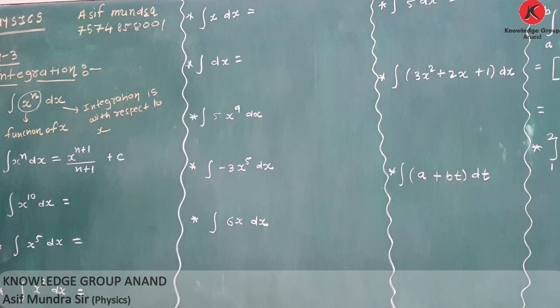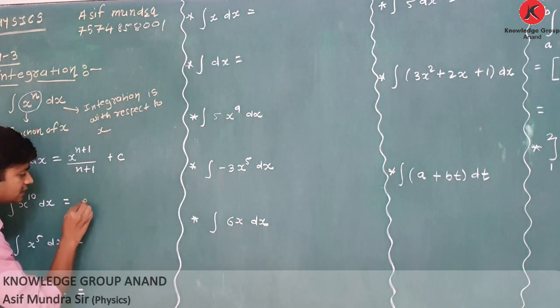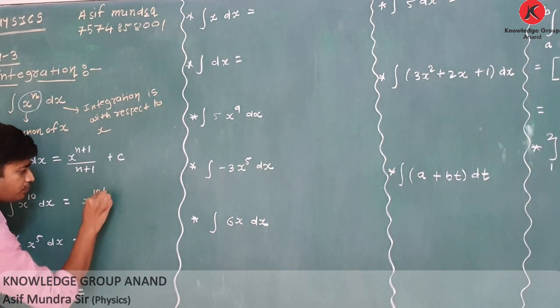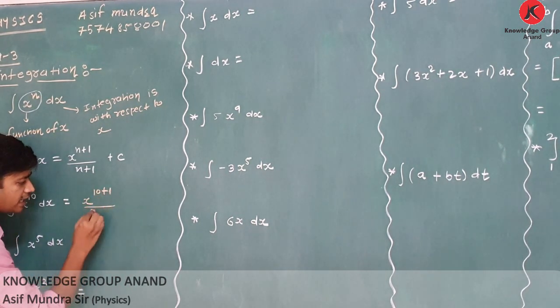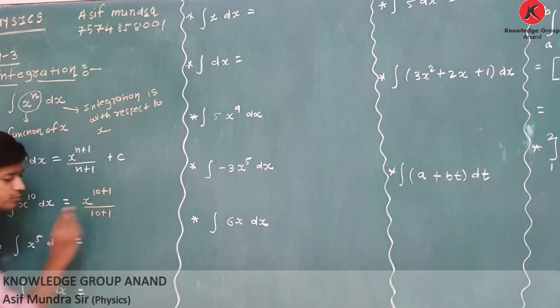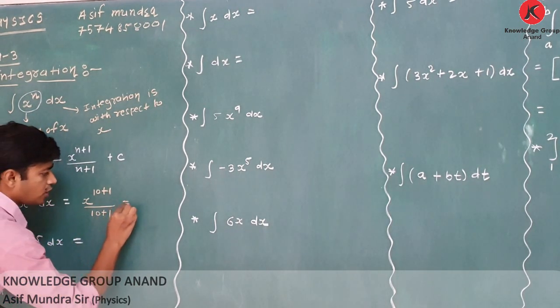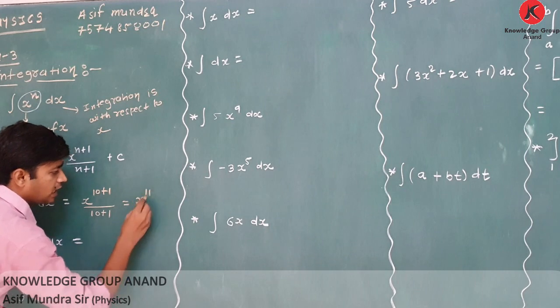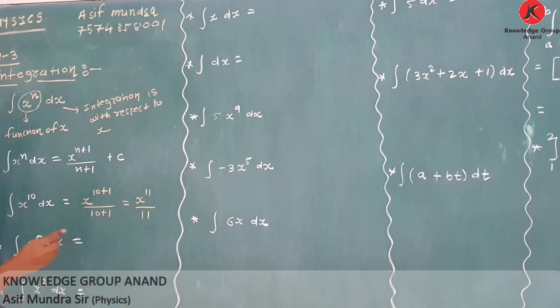Okay, see, here we take one example. Integration x raised to 10 dx means integration of x raised to 10 with respect to x. What is the power of x? 10. You have to add one to the power. So its answer is x raised to 10 plus 1, divided by that power in the denominator. So it is x raised to 11 upon 11.